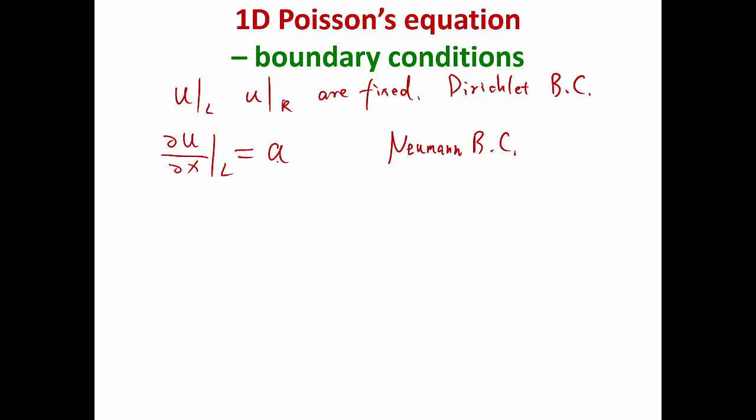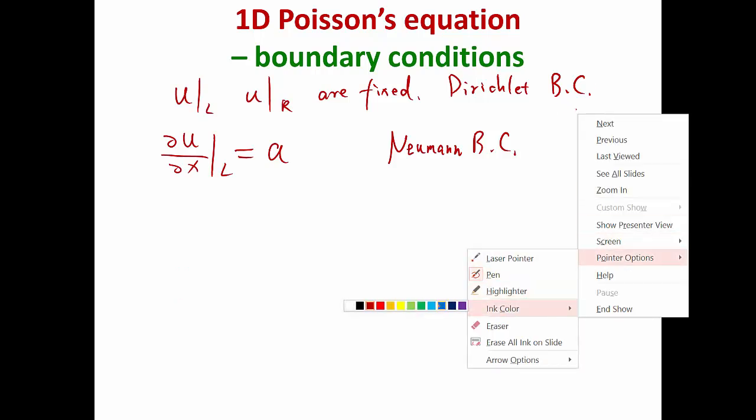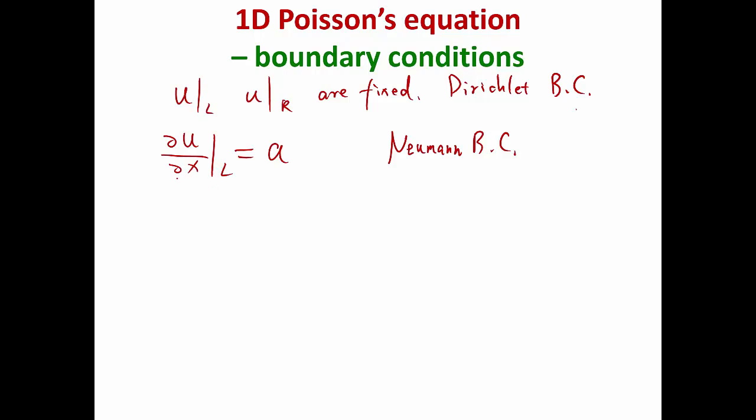So if I have a Neumann boundary condition, what is my matrix A? A is an approximation to the derivative. Let's look at a particular equation: the second derivative of u equal to f, being discretized into A u equal to f.